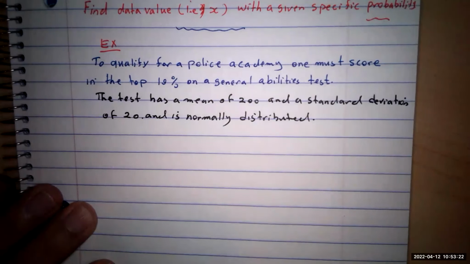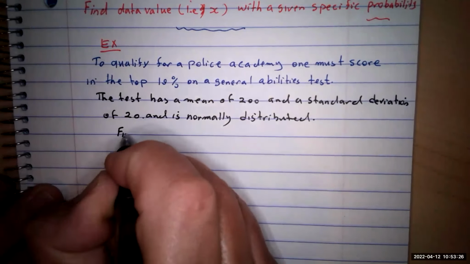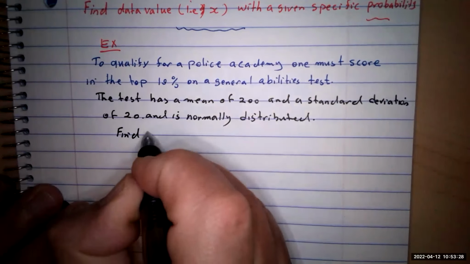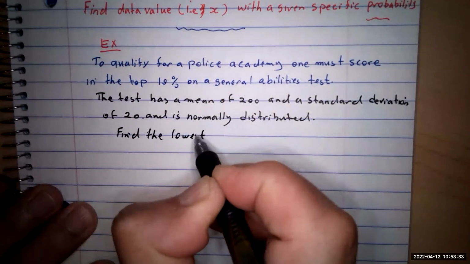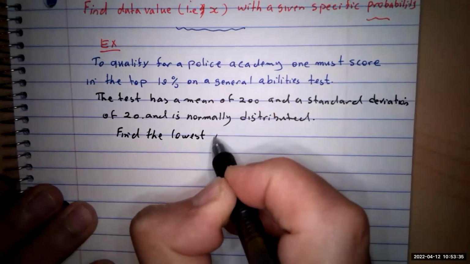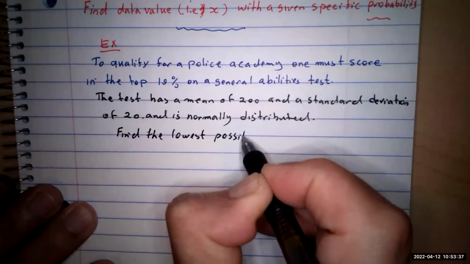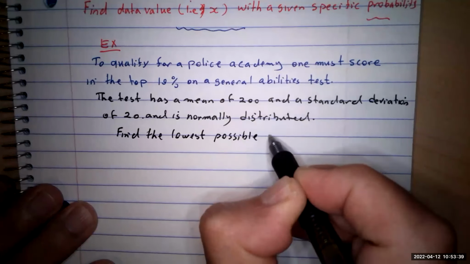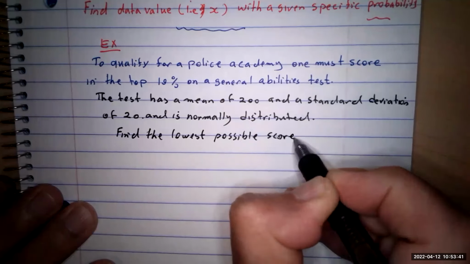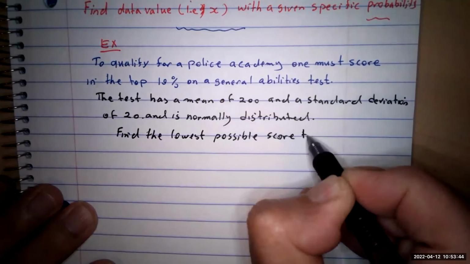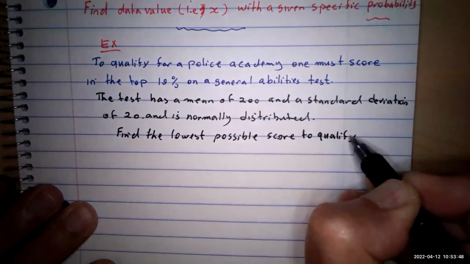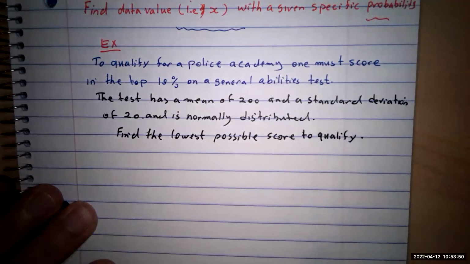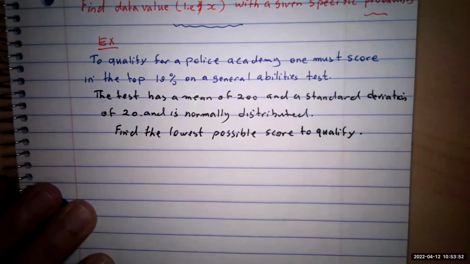The question is, what is the lowest possible score that you have to get? So find the lowest possible score to qualify for the training.